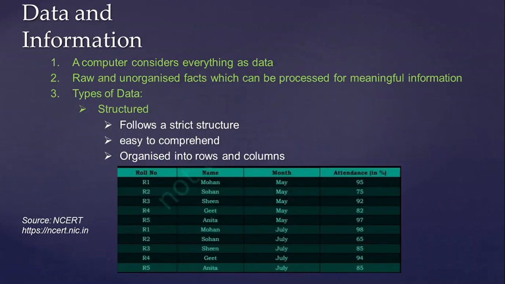Data and information. The computer considers everything as data. Data is raw and unorganized facts which can be processed for meaningful information. There are three types of data: structured, unstructured, and semi-structured. Structured is easy to comprehend and is organized in the form of a table with rows and columns, as you can see in the table below, showing the roll number, name, month, and attendance.